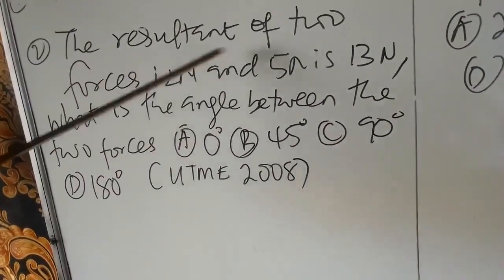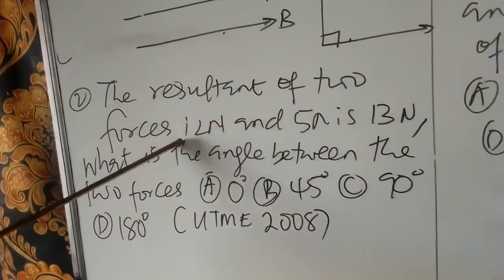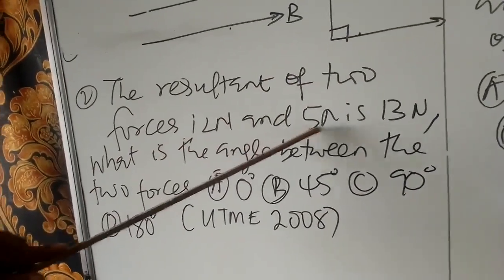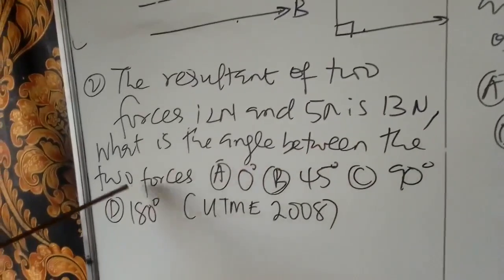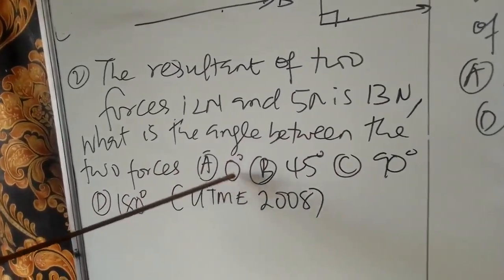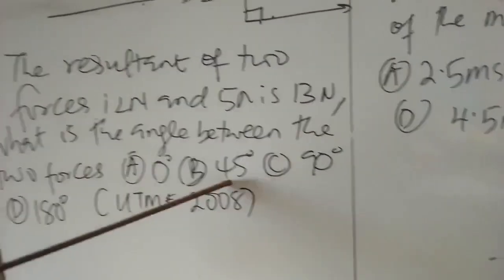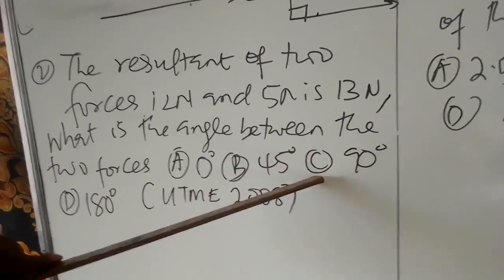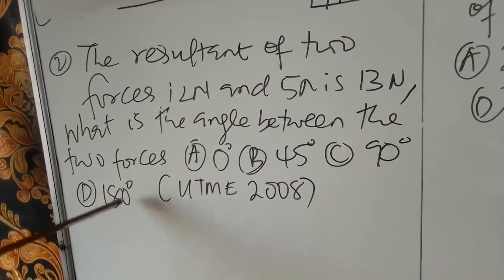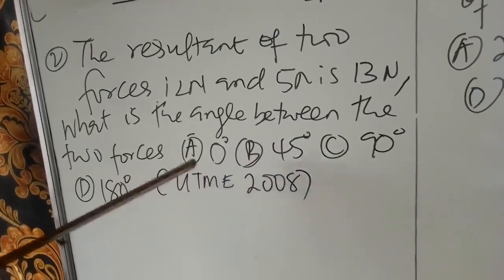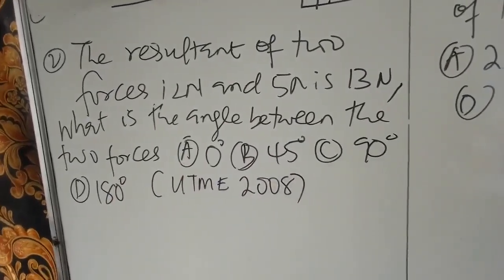Option A, 0 degrees. Option B, 45 degrees. Option C, 90 degrees. Option D, 180 degrees. This is University Entrance Exam 2008.